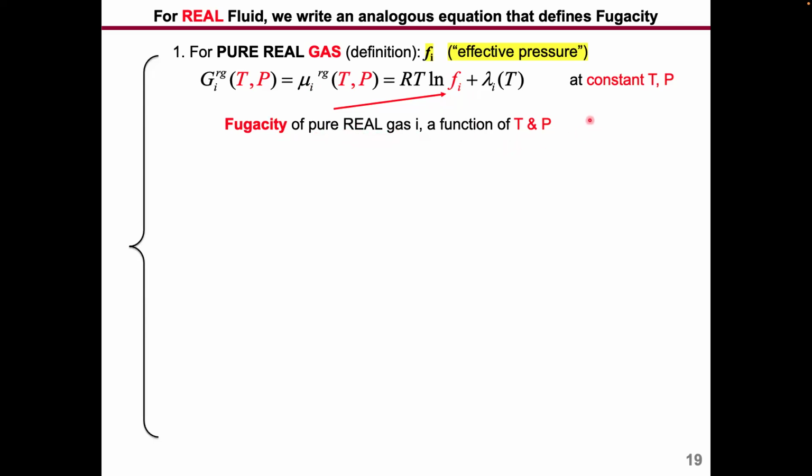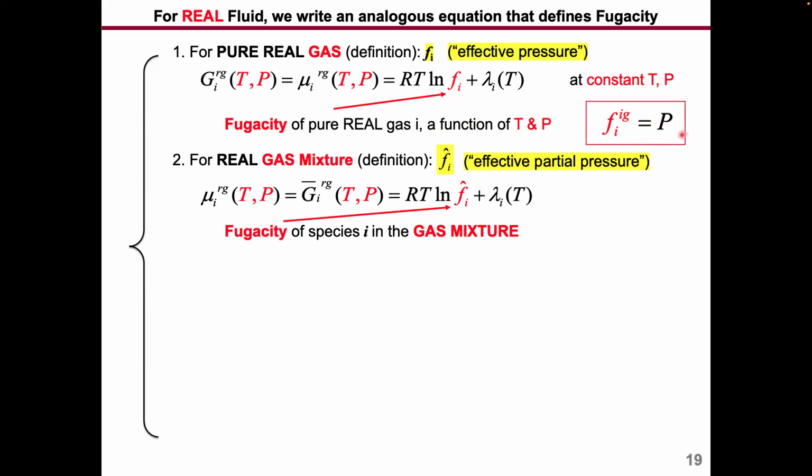So it has the same unit as the pressure. But you can think of f_i as an effective pressure of this real gas. Okay, and basically this fugacity is going to be a function of temperature and pressure of this system.